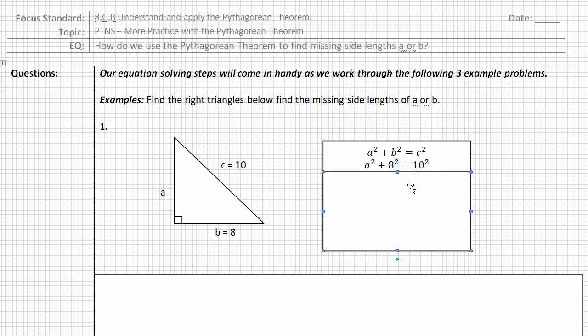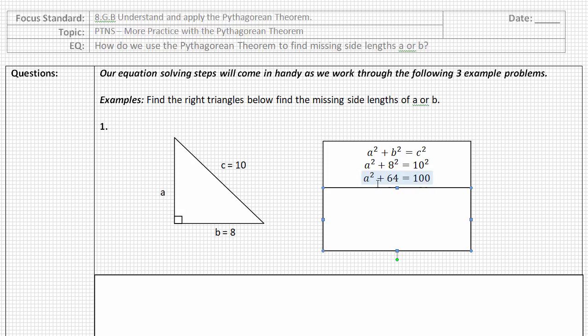So, just like before, solving exponents in our equations is always our first step, and so we have some work to simplify to find 8 squared and 10 squared. Go ahead and write out your next line. I would expect to see a squared plus 64 equals 100.